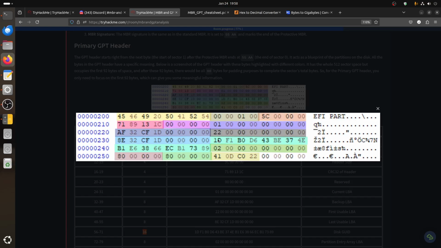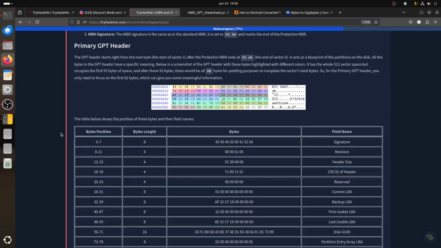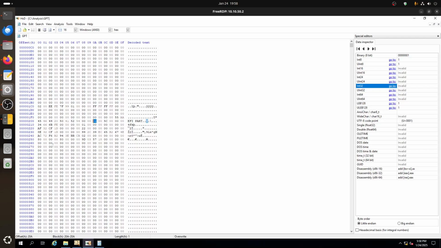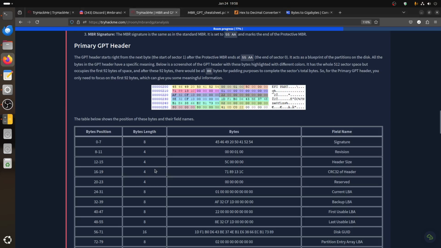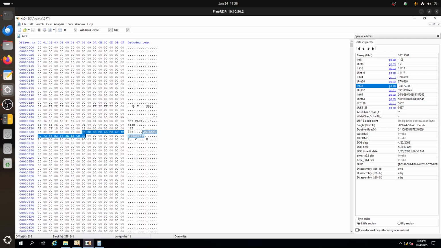This is the block. 1, 2, 3, 4, 5, 6, 7, 8, and then you come back to 8, 9. So where is it in our set? This one. So this is the block of our disk GUID.